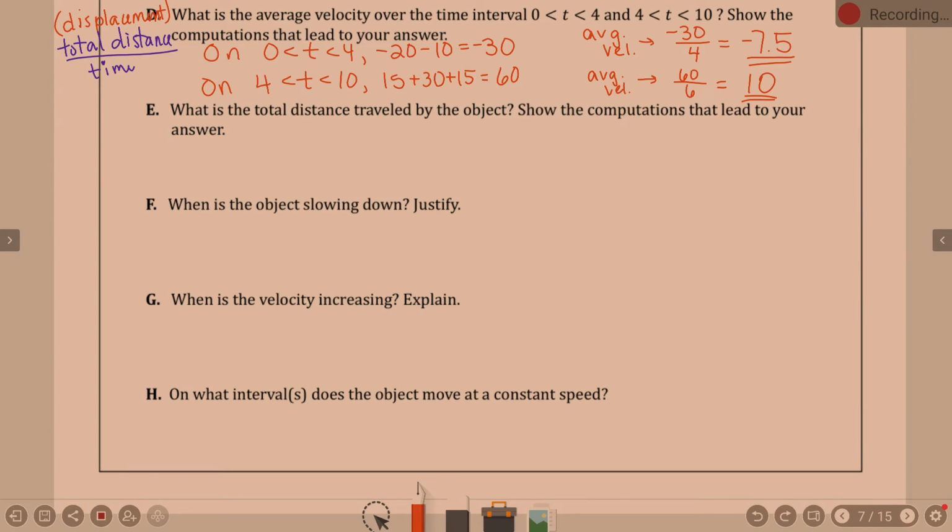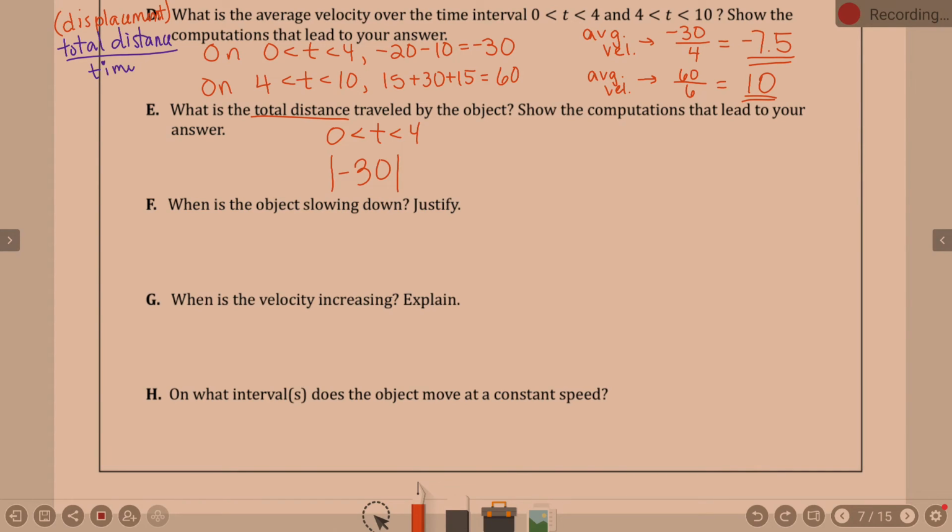So total distance, so we looked at two different intervals, didn't we? What is the distance covered on the first interval? So from 0 to 4, it's negative 30, but that's just saying like 30 to the left. And so when we talk about total distance here, we're going to think about the absolute value of the negative 30.